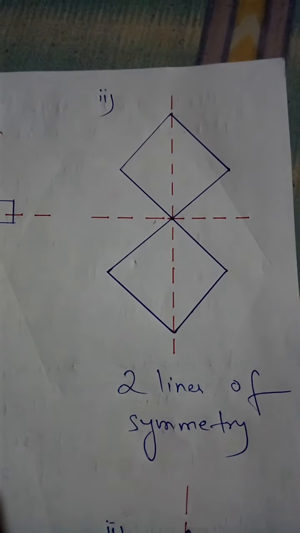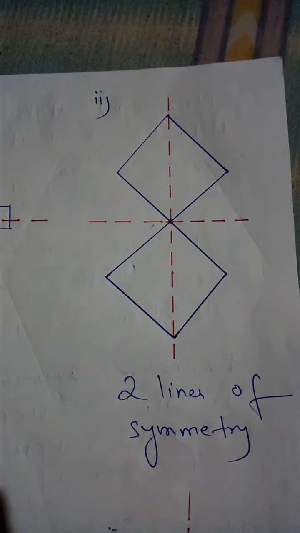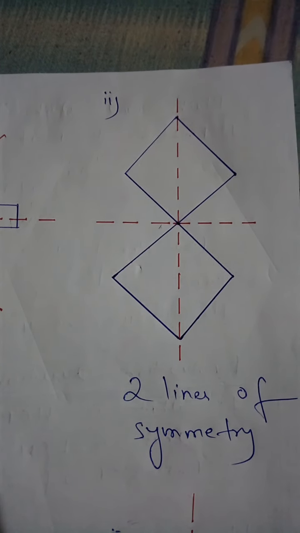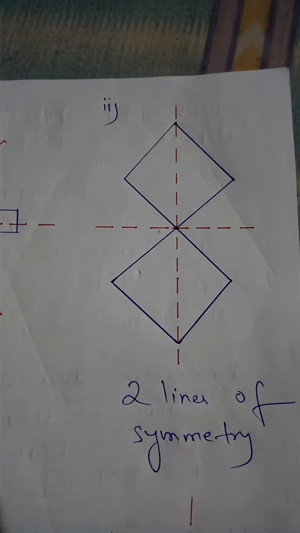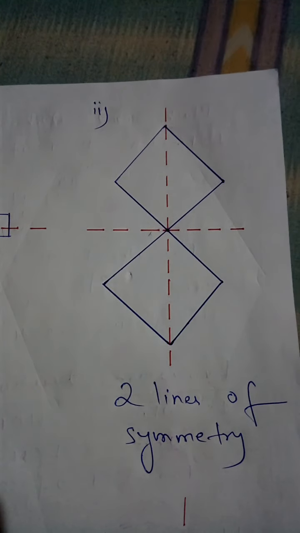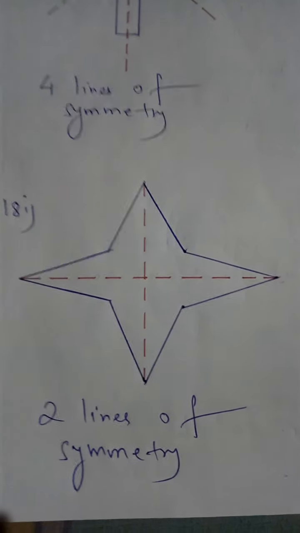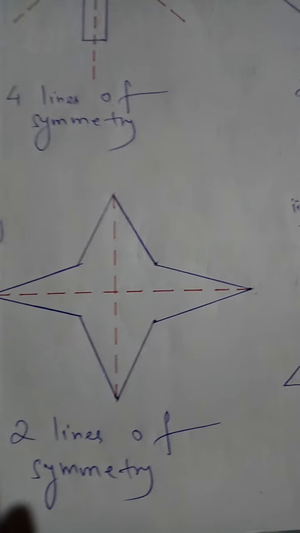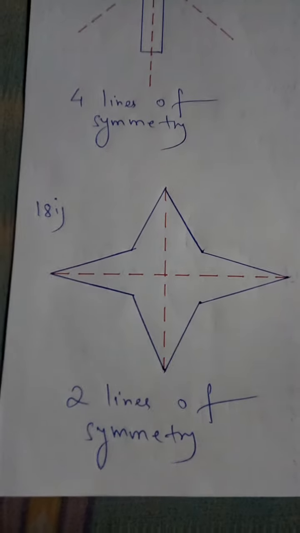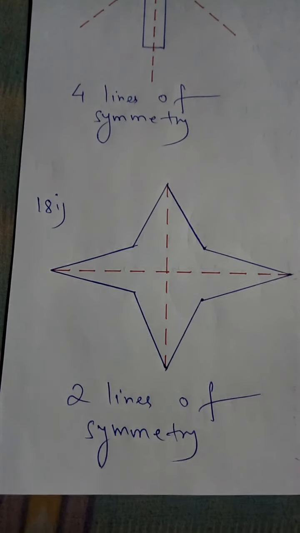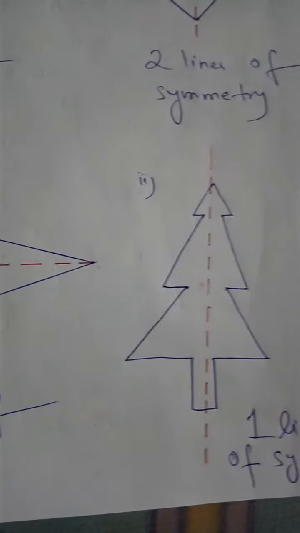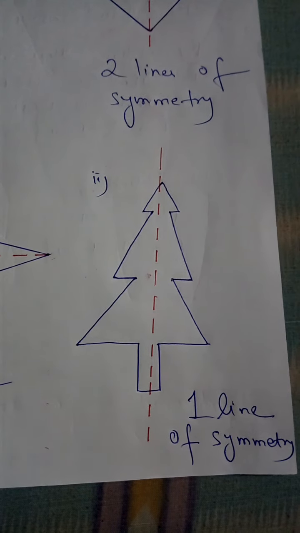It has 2 lines of symmetry. This one is like a star. It has 2 lines of symmetry. And the last figure for today is like a Xmas tree. It also has 1 line of symmetry.